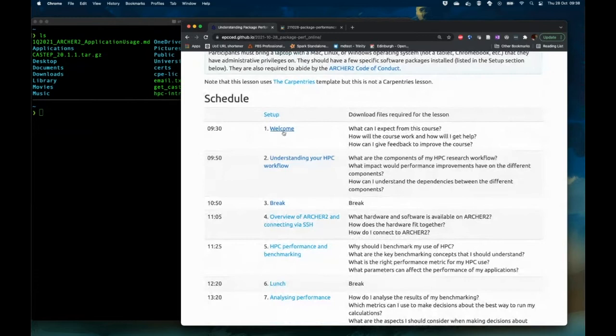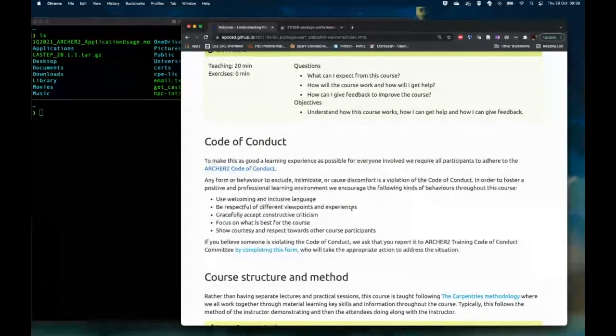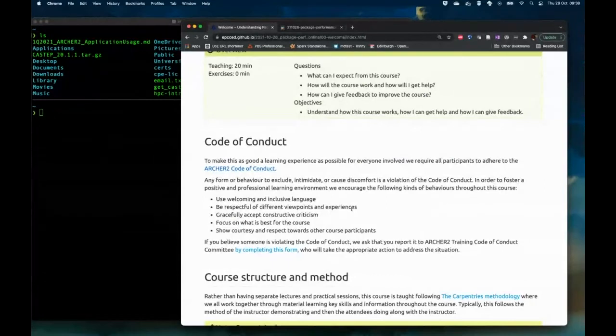I'm going to go to the welcome section first. There's a few things I want to say. The main one is around the code of conduct. We follow the ARCHER2 code of conduct, which is something we put in place for the whole service. It covers everything to do with the service, people interacting on the machine itself and also at events. And it essentially amounts to being kind and respectful to other people on the course and using appropriate language when interacting with people.